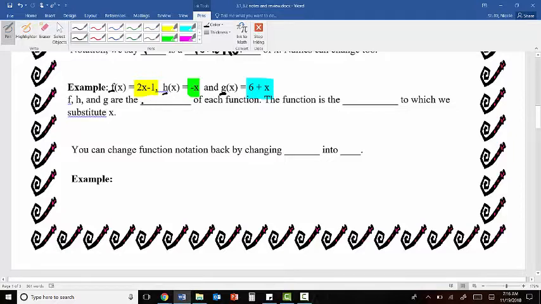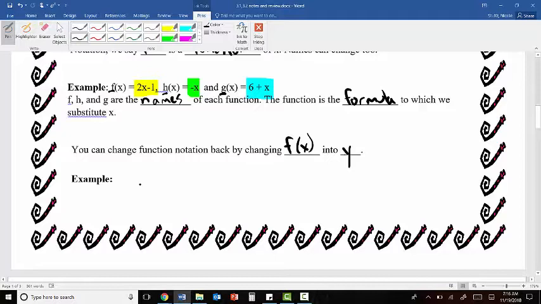So f, h, and g are the names of your formulas, which we call functions in this lesson. And the function is, of course, what we just said, the formula to which we'll substitute x. And not to overcomplicate things, but you can always change function notation back to what looks normal to you by changing f of x or h of x, g of x, whatever you have, into y.